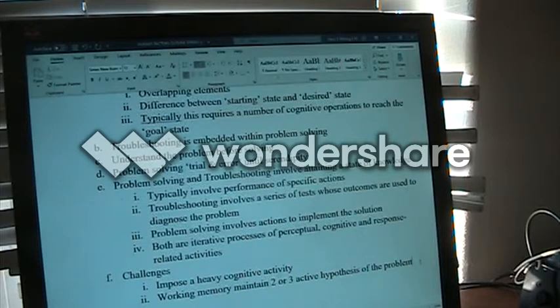So, let's say problem's source. More than this overwhelms the limited capacity of working memory.